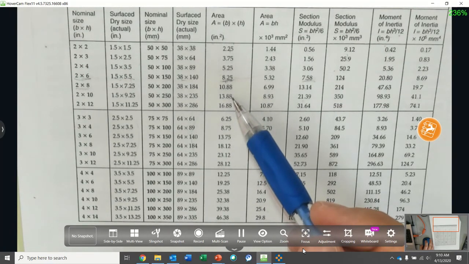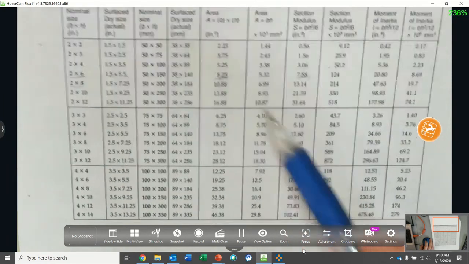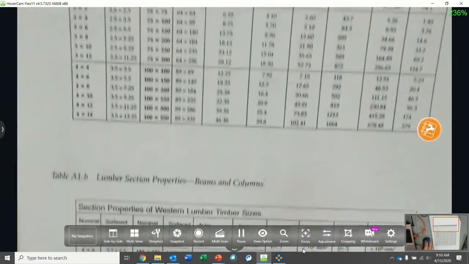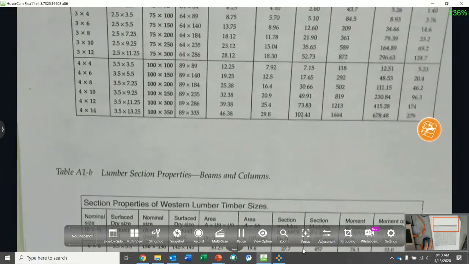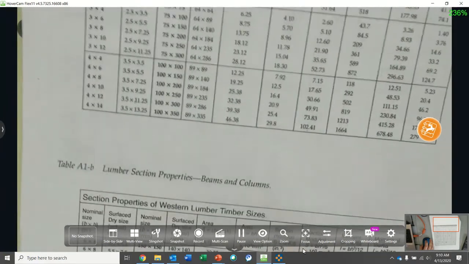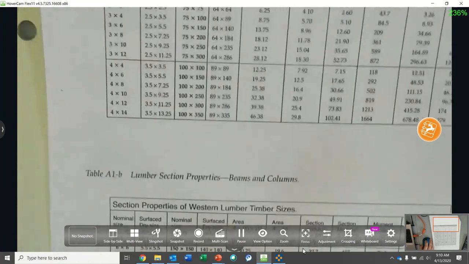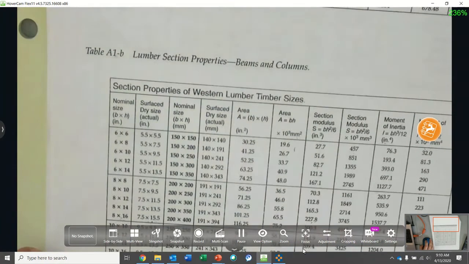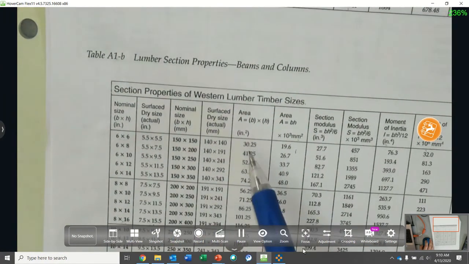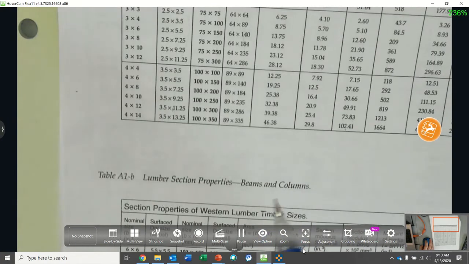But do you really think so, because there's a weak axis, right? So I would want to go square, because I know my y-axis and my x-axis are the same. So already I can use a 6x6. I'm just looking at my area, but the problem is saying rough sawn.